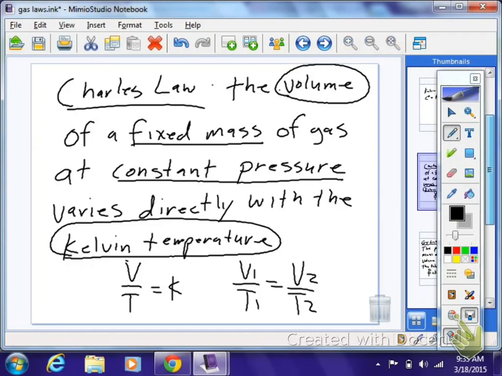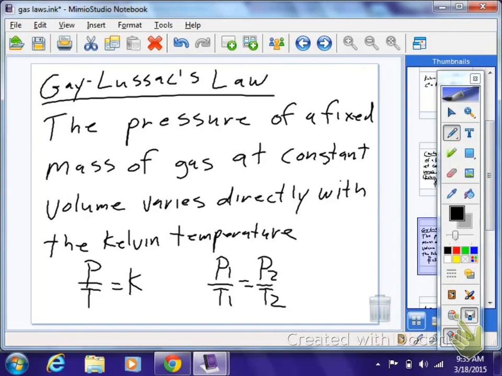We're going to do Gay-Lussac's law as well. The only thing that's different, we switch volume and pressure. So in Charles' law, it says the volume of a fixed mass of gas at constant pressure varies directly with the Kelvin temperature.